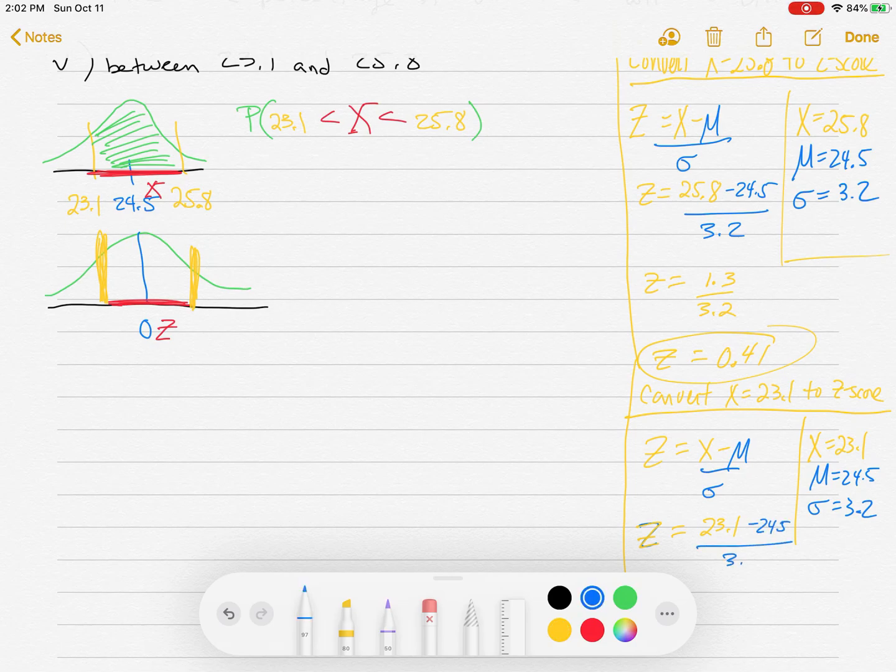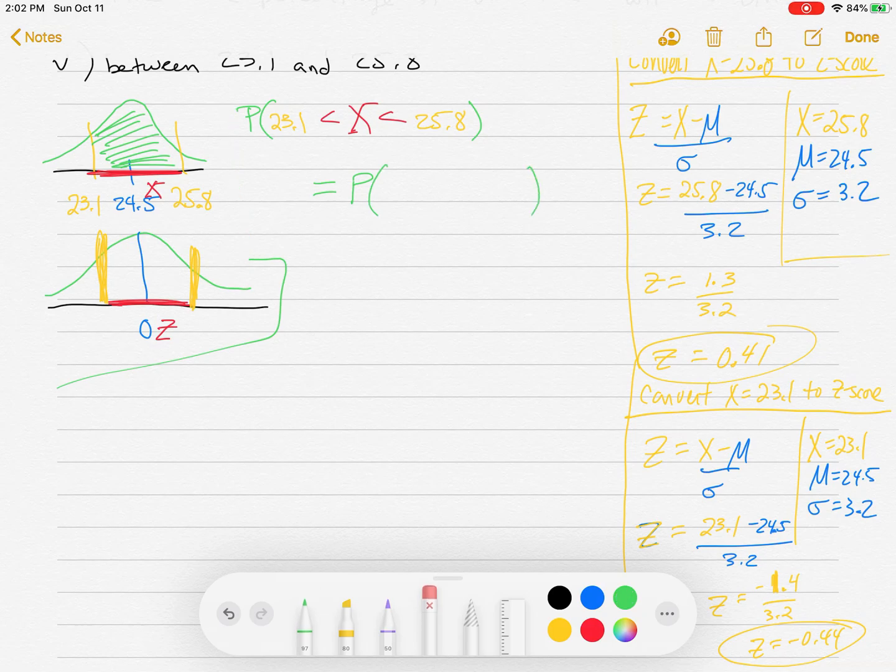So 23.1 minus 24.5 divided by 3.2. 23.1 minus 24.5 is negative 1.4, divided by 3.2. Remember, 2 decimal places, it's about negative 0.44.